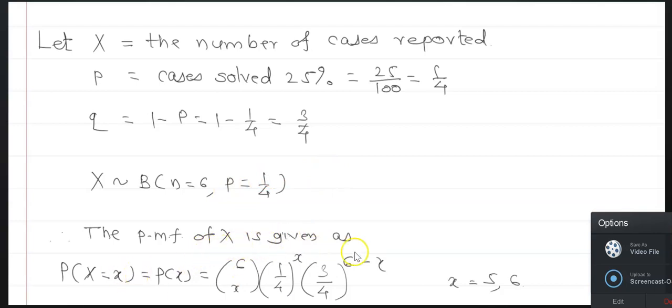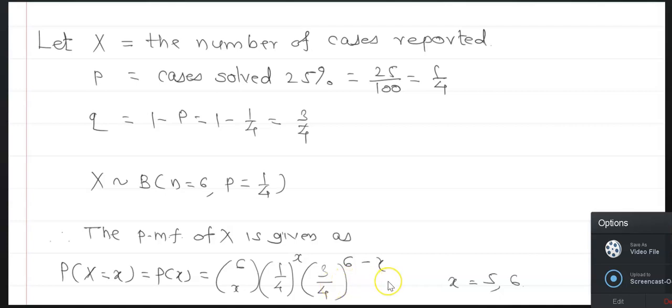The PMF of X is given as P of X equals x, is 6Cx, (1 upon 4) raised to x, (3 by 4) raised to 6 minus x.